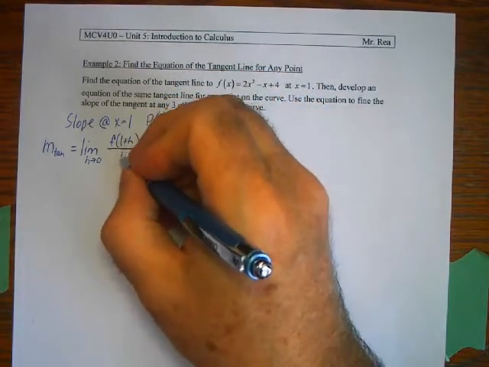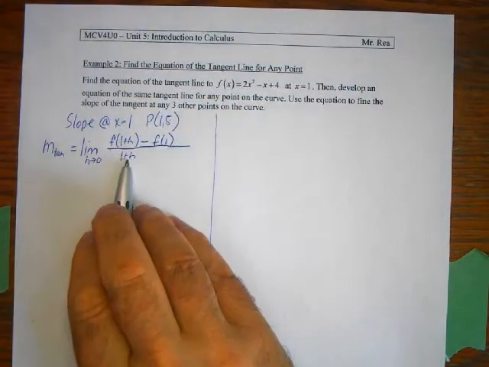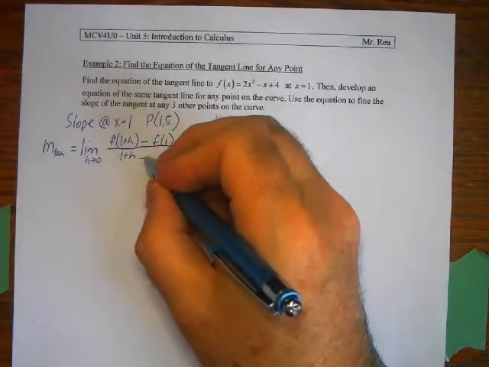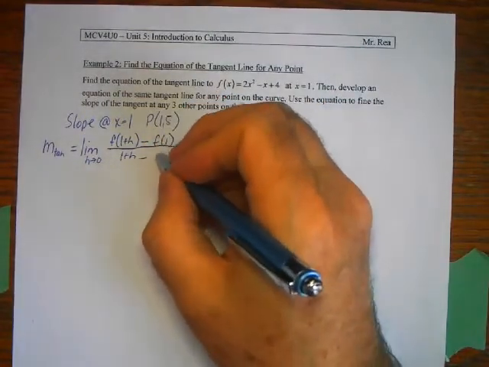That's our x coordinate for Q. You can see it up here, and then subtract the x coordinate for point P, which is 1.